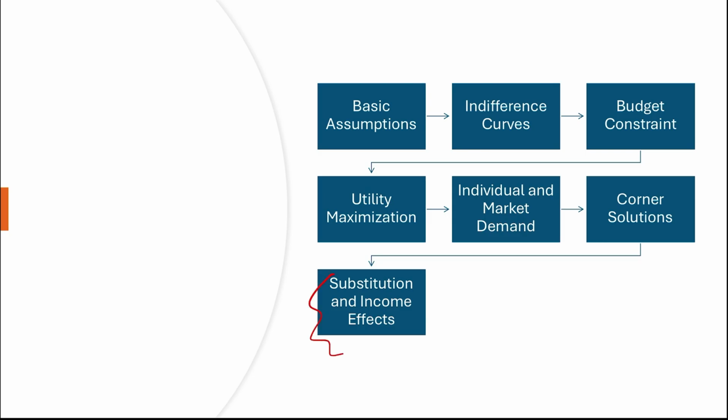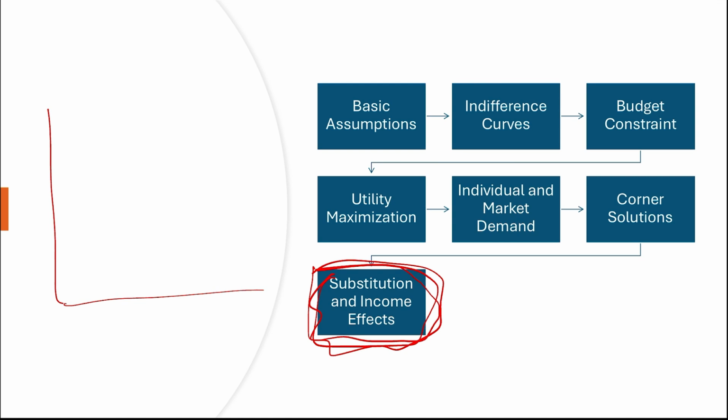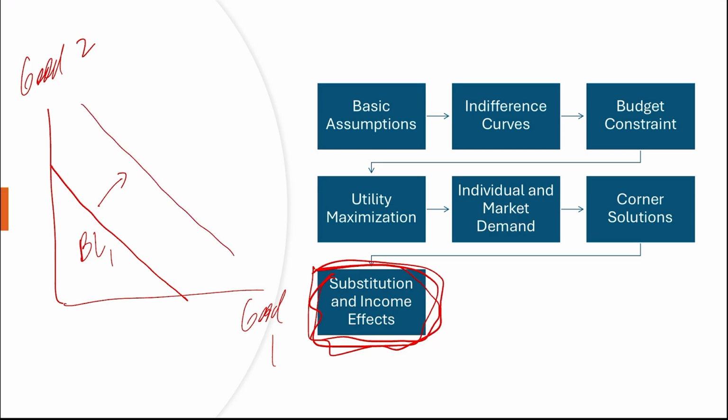All right, and then lastly, we have substitution and income effects. This is one of the harder things to understand, I guess, so you can let me know if you have questions. But the basic idea is, if we look at our budget line, this is our original budget line. If we get more income, what's going to happen? Well, we can buy more of both goods, right? So if we have more income, our budget line should shift out in a parallel fashion.